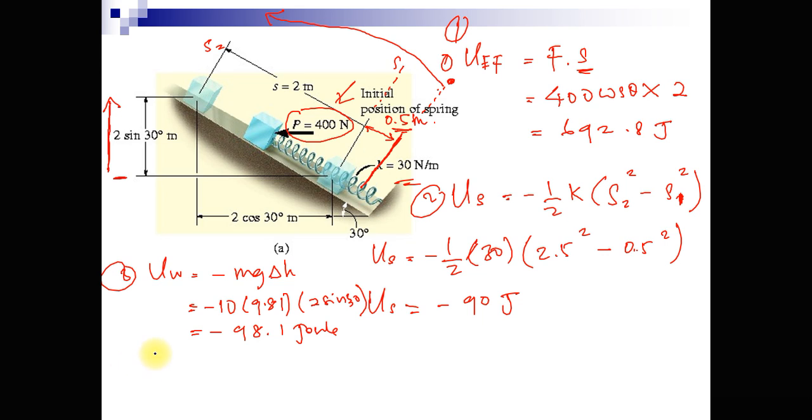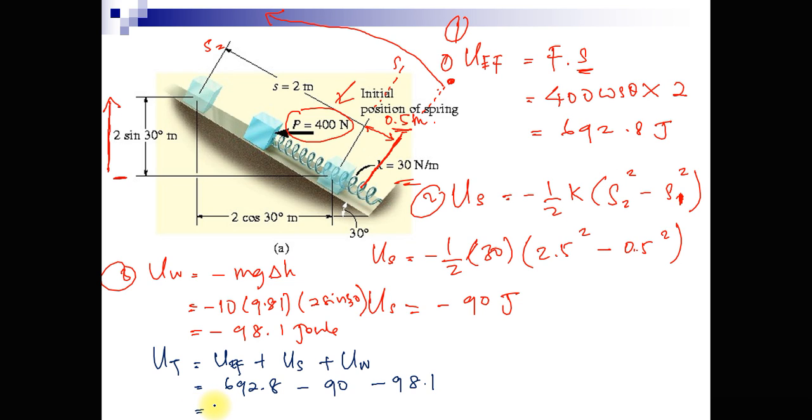So the total work done, UT, is U due to external forces plus U spring plus U weight, which is 962.8 minus 90 minus 98.1.